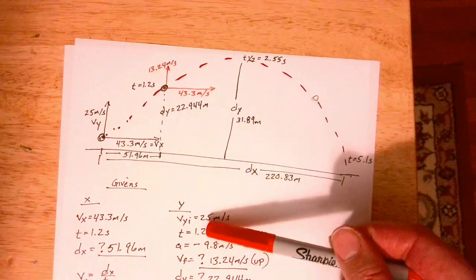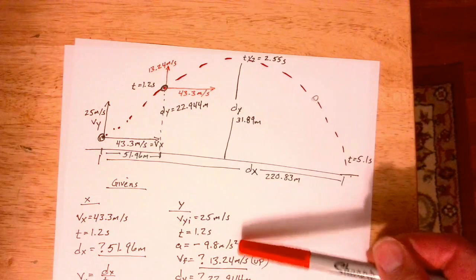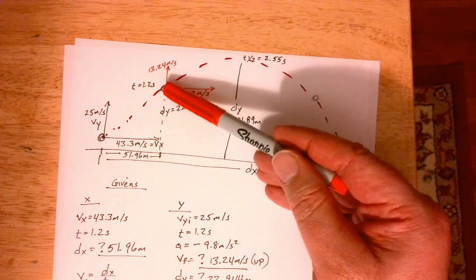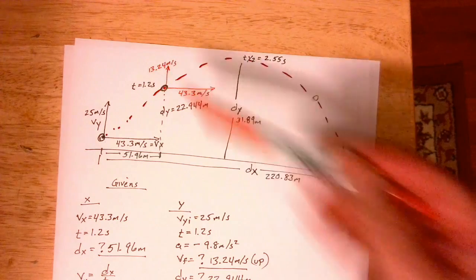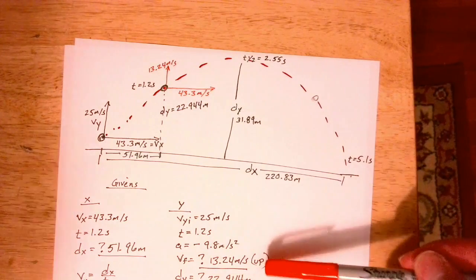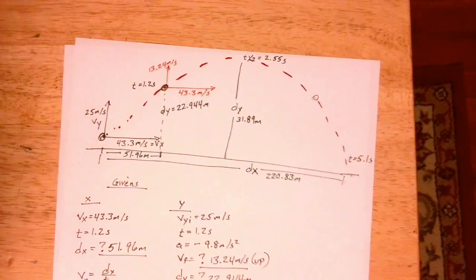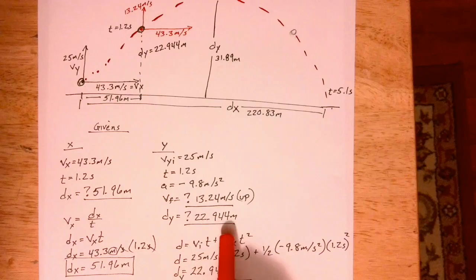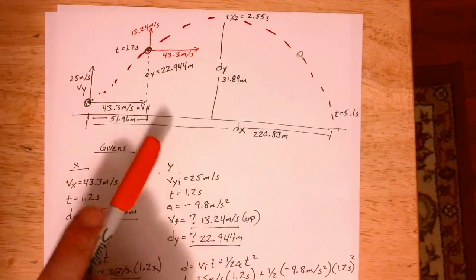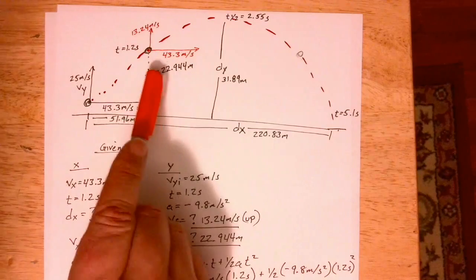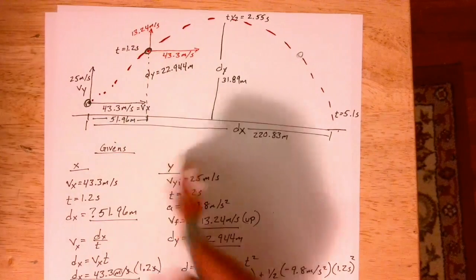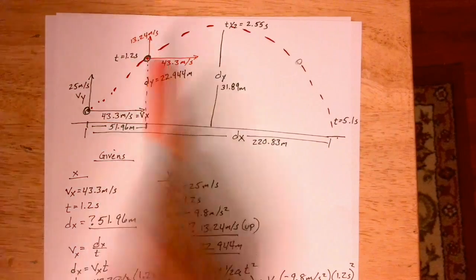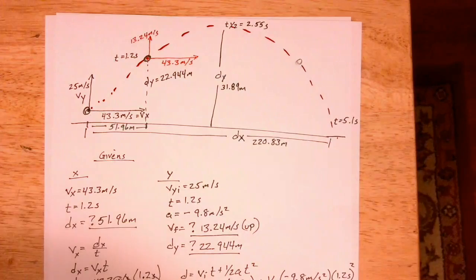But at 1.2 seconds into its flight, because it's acting against gravity, so the value is negative, we find that at this point in time it's going 13.24 meters per second, and because this is a positive value, that means it's going upward. We can also solve for vertically, it's going to be 22.944 meters upward. So the only thing that's left is what is the vector of this ball at this point in time. Let's go ahead and work this part out.